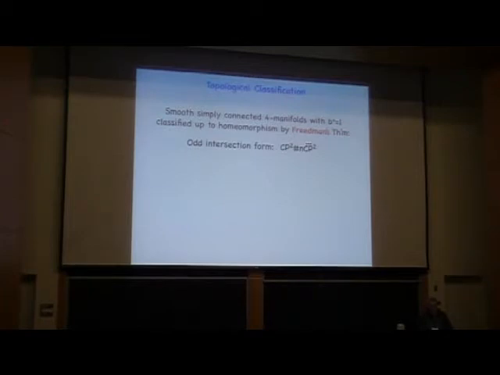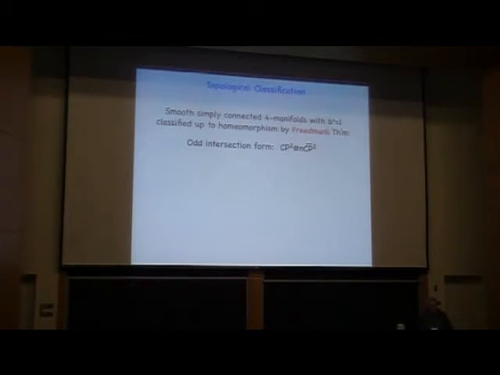So I'm happy to be able to mention Mike's work. It tells us that if we're thinking about smooth, simply connected core manifolds, when b plus is 1, then the classification is quite simple up to homeomorphism.